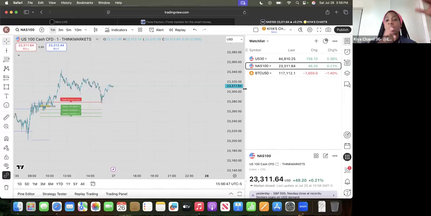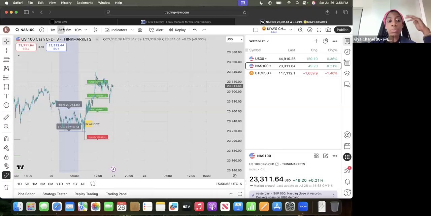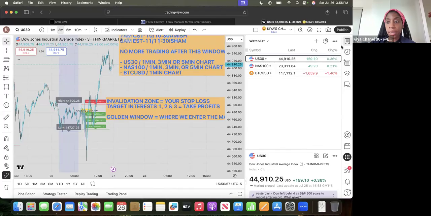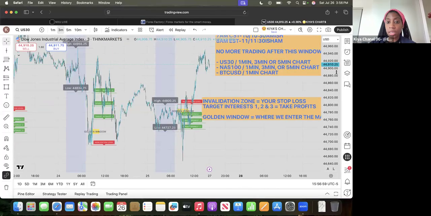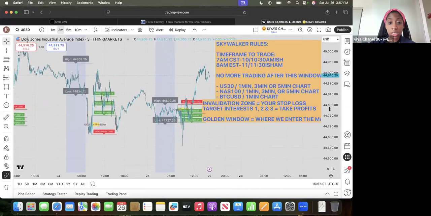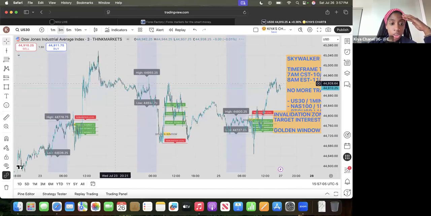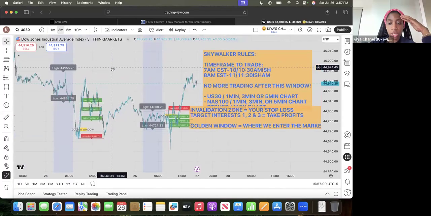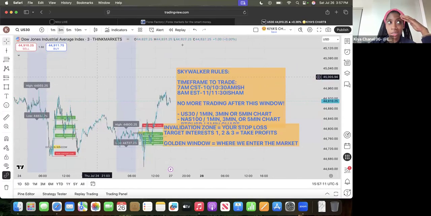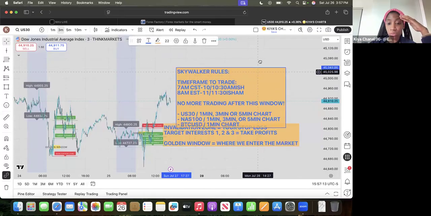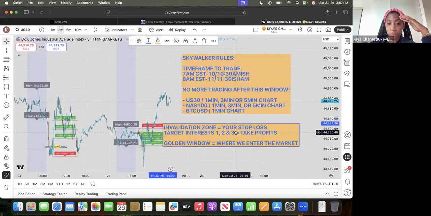It is different every single day depending on what the scanner sees. But this is ridiculous. I haven't taken a loss personally from this scanner since I've been using it, and it's been about a week and a half now.